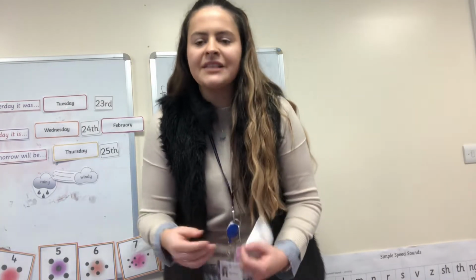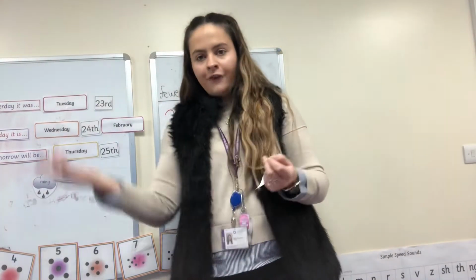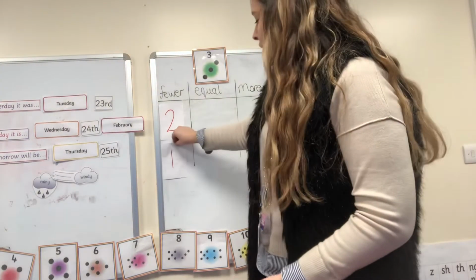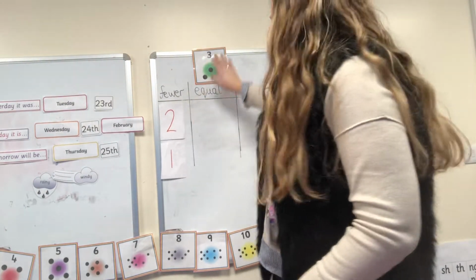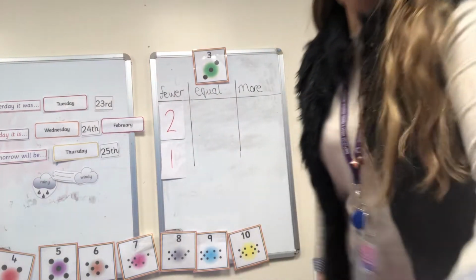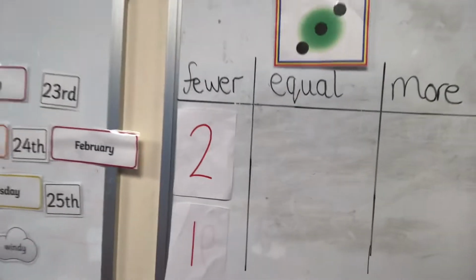When we're counting, we start at 1, 2, 3. So because the number 1 comes before, that means it is fewer than 3. So this is our number 3. Fewer, we have 2 and 1. So do you want to check and make sure that yours is the same?